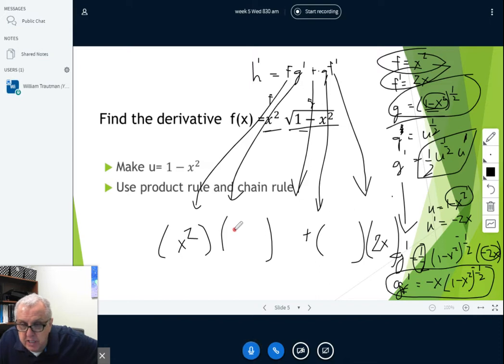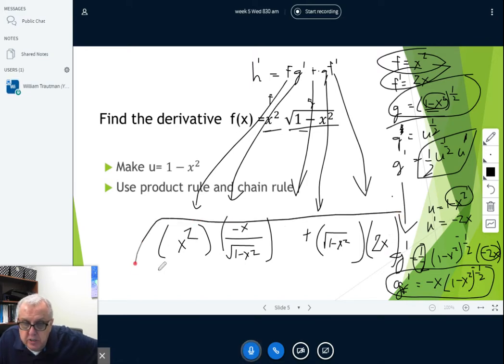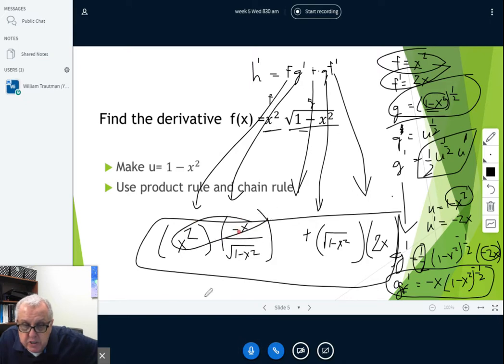So in reality, we have negative x, and the negative takes it to the bottom, the square root of 1 minus x squared. Then g equals the square root of 1 minus x squared, and there's our answer. Now, we could clean it up a little bit by multiplying these two together.